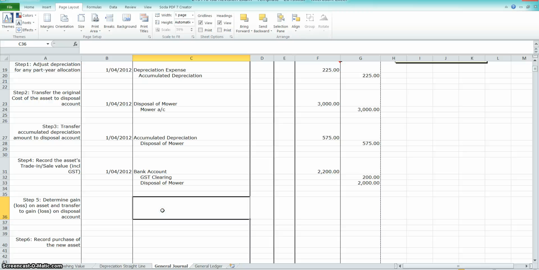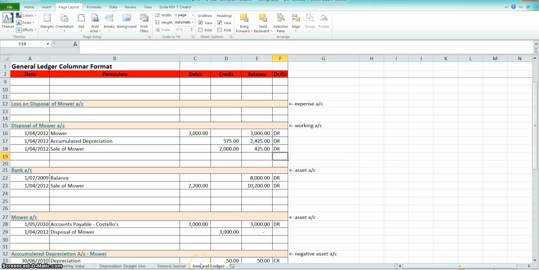Okay, this is where we determine our gain or our loss on the asset and then transfer that to the gain or loss on disposal account. So what we need to do is have a look back at our ledger and look at our disposal of mower account. It's got a debit of $425. When you see a debit, you know that we've made a loss.